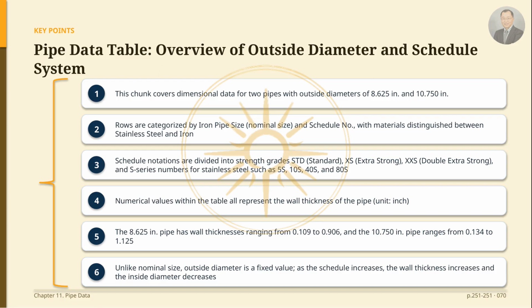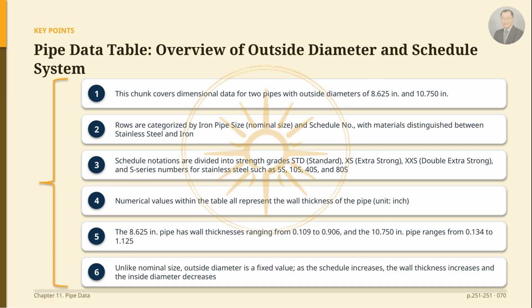This slide is a table summarizing the dimensional data for pipes with outside diameters of 8.625 inches and 10.750 inches. It demonstrates the principle that while the outside diameter is fixed, the wall thickness increases and the inside diameter narrows as the schedule number increases.